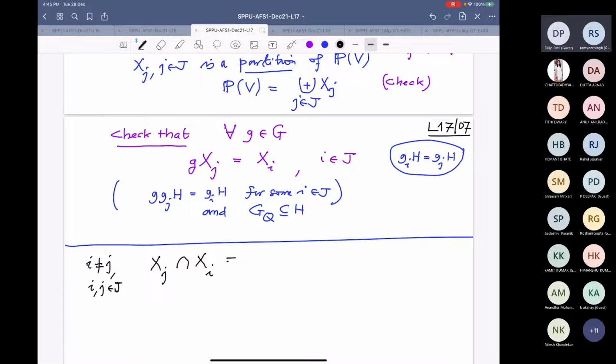I want to prove this is empty. This is what I am proving. So we'll write the proof.